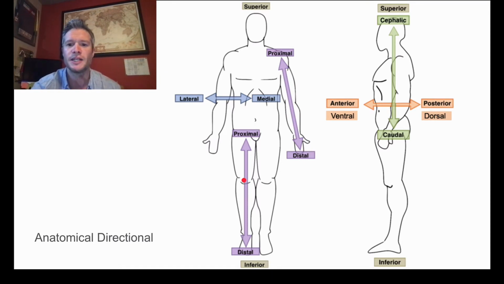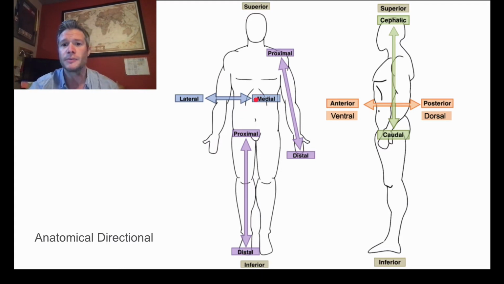For example, from the knee, the hip is proximal relative to the foot. So we'd say the foot is distal to the knee, meanwhile the hip is proximal. Proximal means closer to the midline or center, and distal means more distant or farther away.